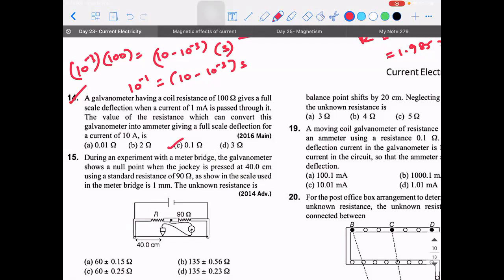But there is option A, 0.01. Check your calculations.